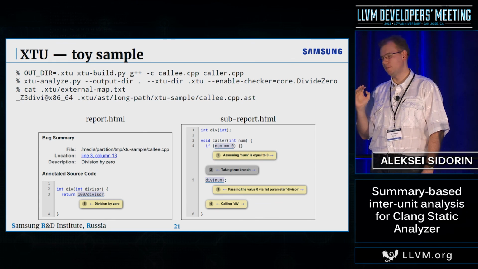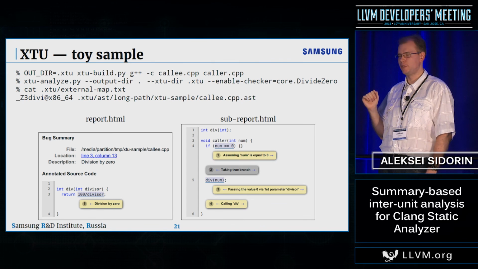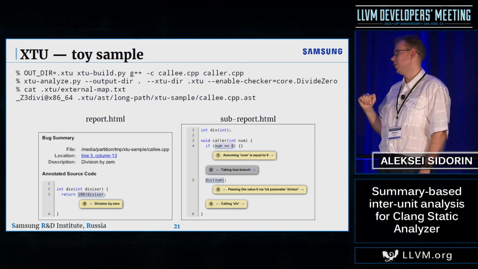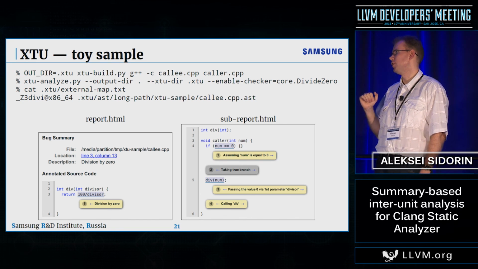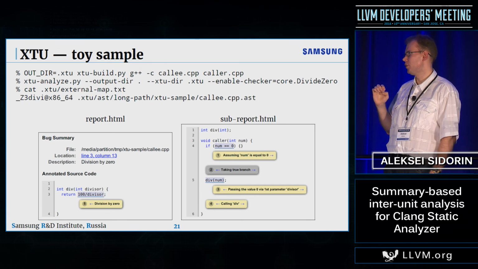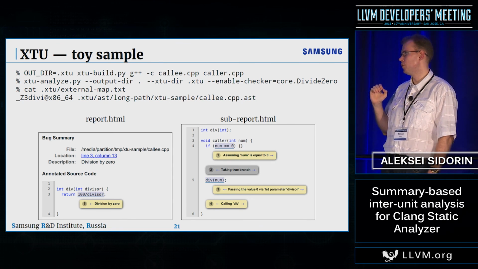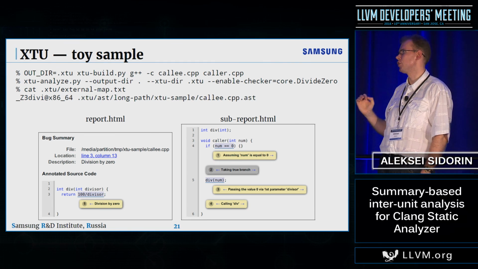The report HTML file is the file where the warning was emitted, and the other files, sub-reports, are just highlighted files through which the path was going while performing the analysis. There is also a sample of how the mapping of functions is built. We use the mangled name of the function and also specify the build architecture.